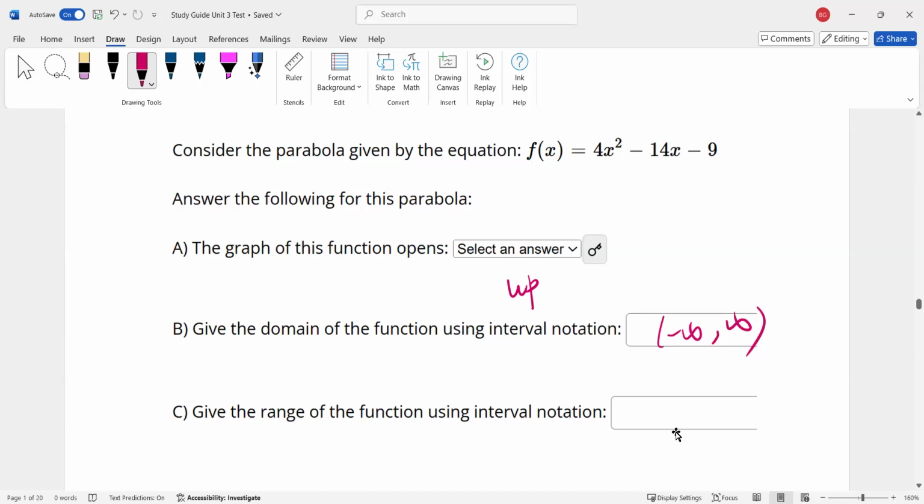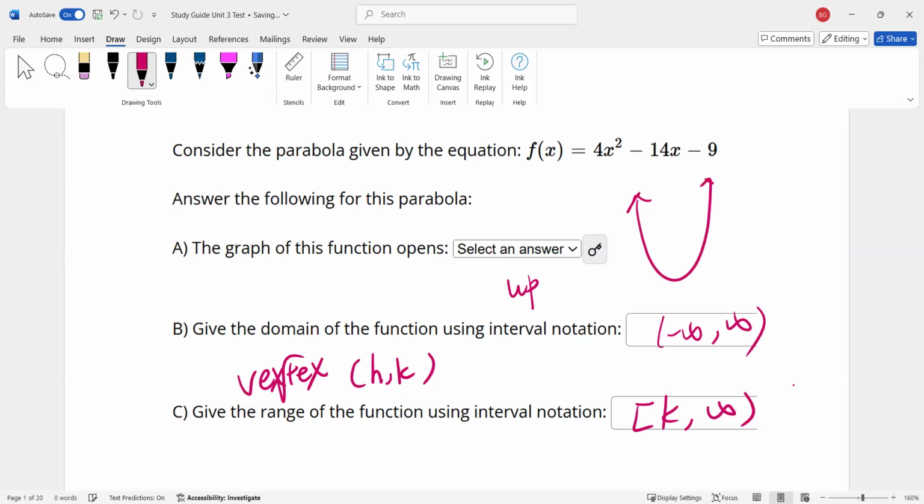Okay, the range is not all real. So how do we find the range? The range is k to infinity. What is k? (h, k) is the vertex. Since the parabola opens up, it has a minimum value, right?